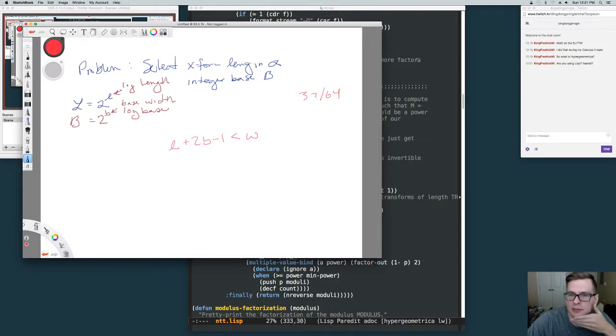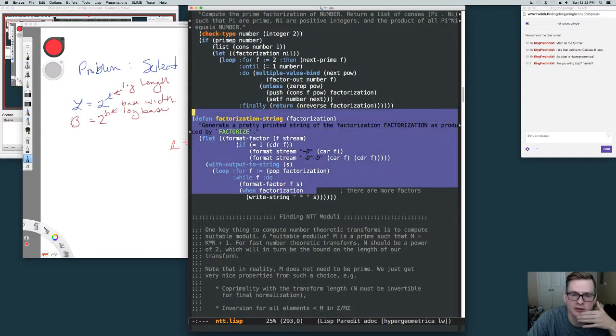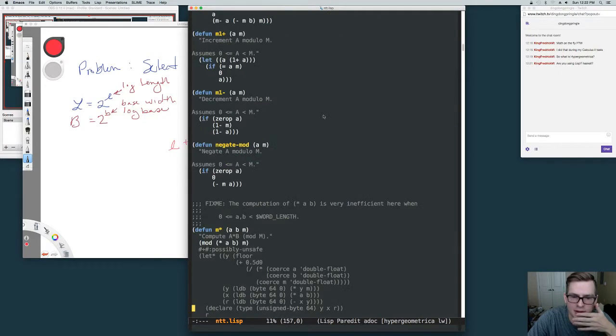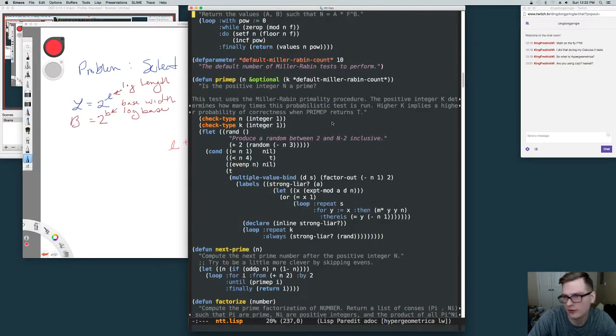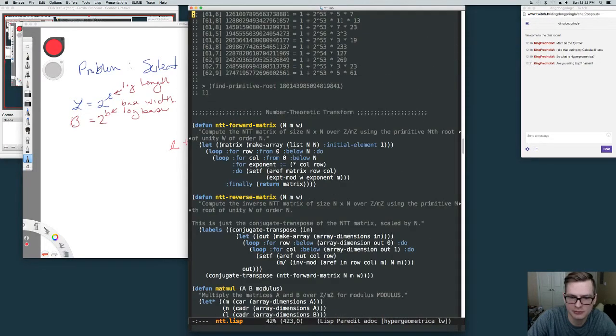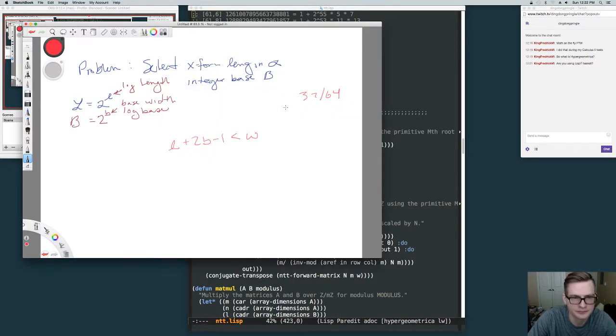I'm using Lisp. This code right here is all Lisp code. Of course, whoever runs the code doesn't need to know it's Lisp, but yeah, it's all Lisp. So let's assume a 64-bit platform. Then we can establish that L plus 2b minus 1 is less than 64 bits. This means L plus 2b is less than 65.